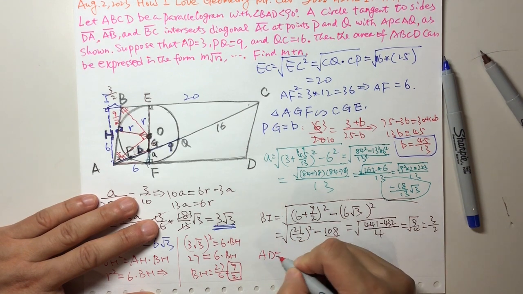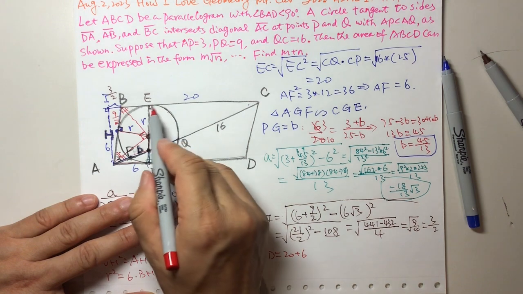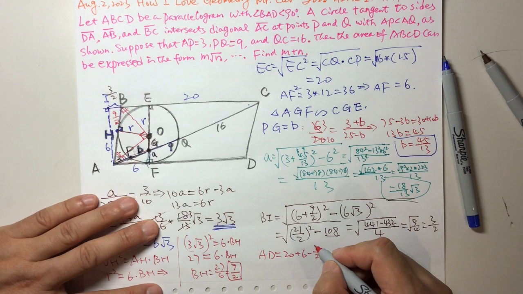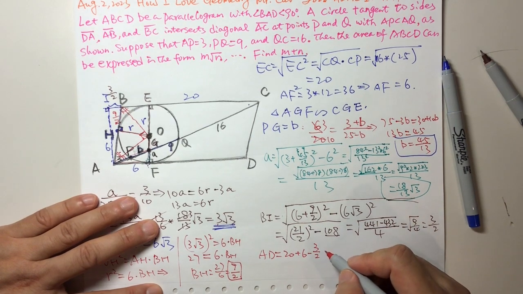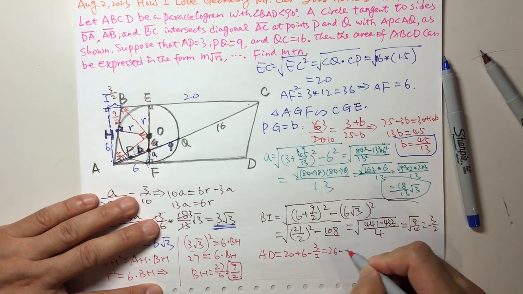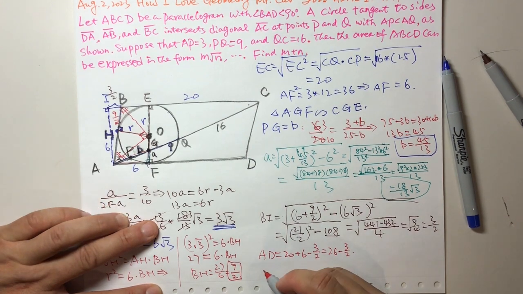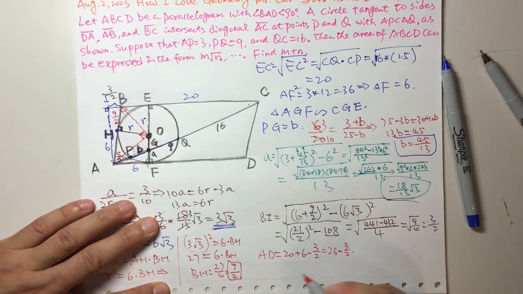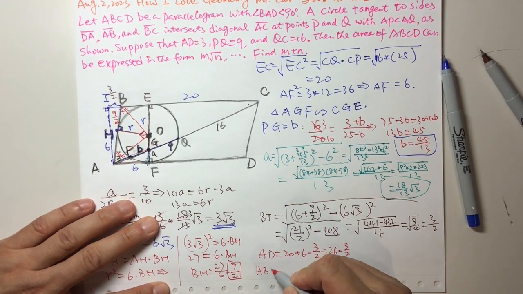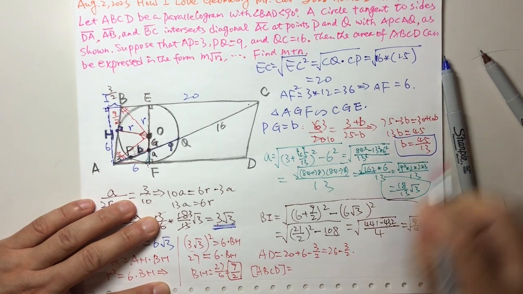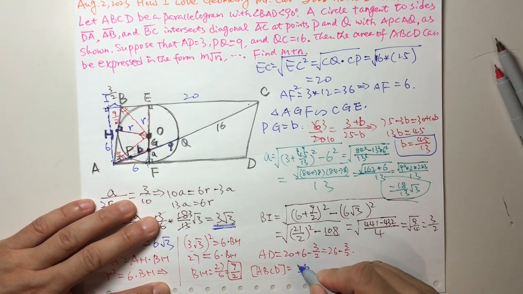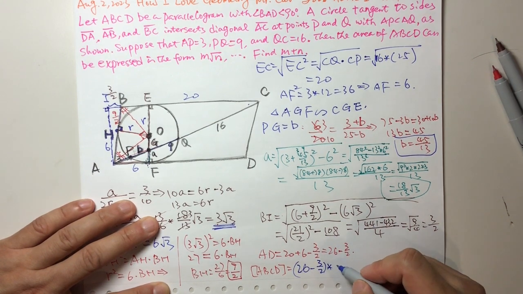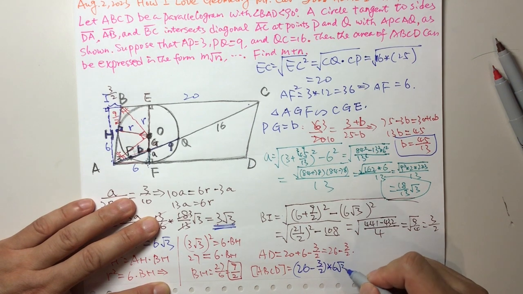Now we know AD or BC. AD equals 20 plus this 6 minus this 3/2. So 26 minus 3 halves. Then we know the height of this parallelogram, EF. Then the area of ABCD equals 26 minus 3 halves, then times how much? 6 times square root of 3.